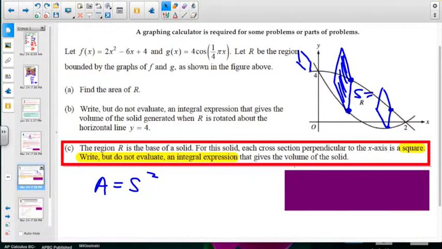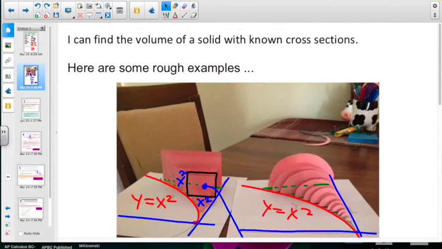So in other words, if we go back to this sketch, the distance between the 2 functions is going to tell us how wide the bottom of our square is. So close to the origin here, these squares are really tiny because the gap is really small. Okay?